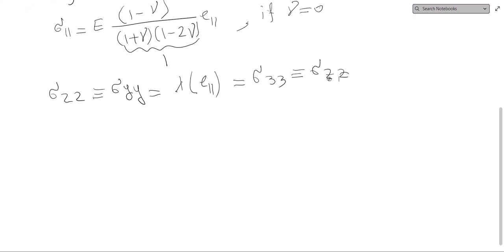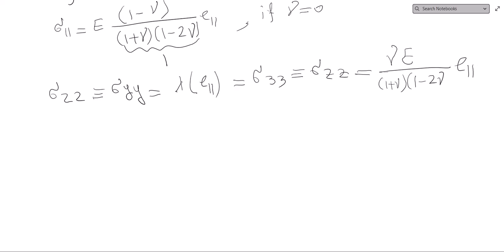If you write these out, it becomes mu E over (1 plus mu)(1 minus 2 mu) times E11. And again, you see that for mu equal to 0, this becomes 0.